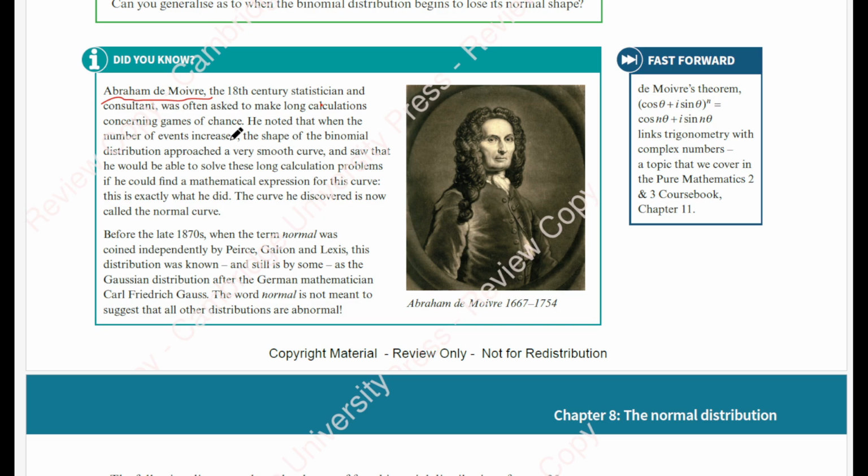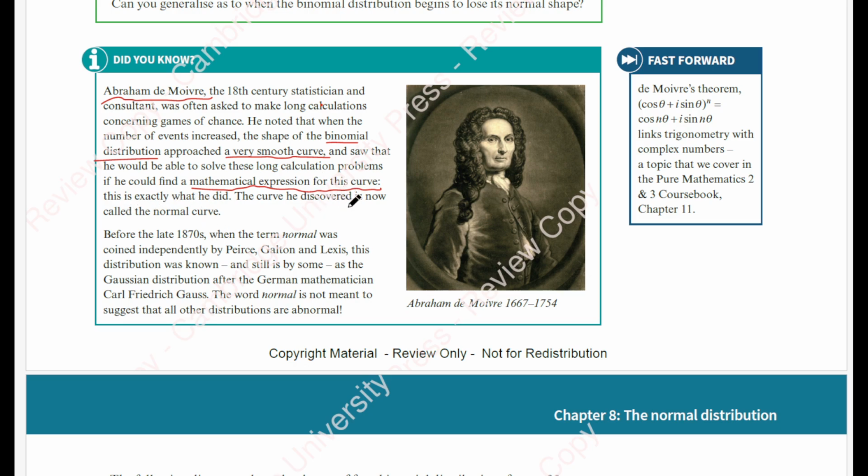He noted that when the number of events increased, the shape of the binomial distribution approached a very smooth curve, and he saw that he would be able to solve these long calculation problems by integrating the areas under the curve. But he still didn't know the mathematical expression for this curve. And then this is exactly what he found.